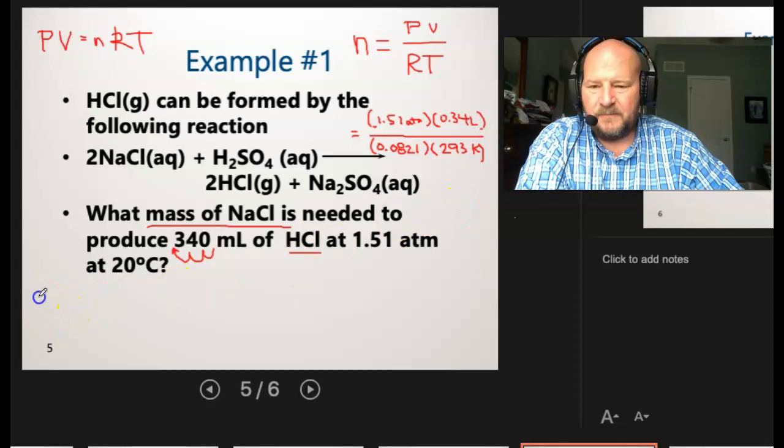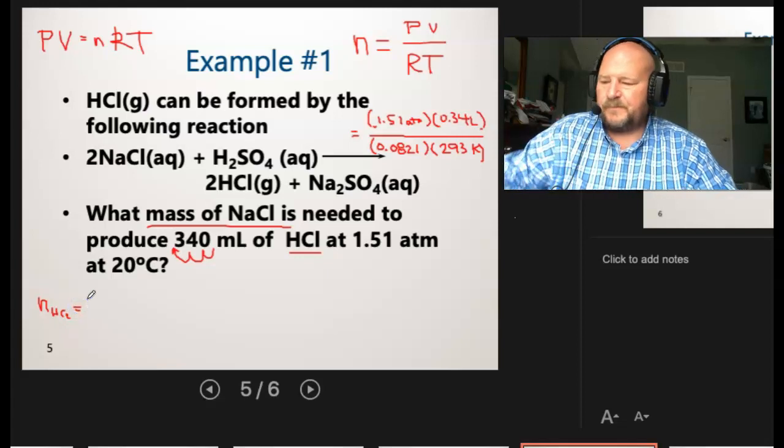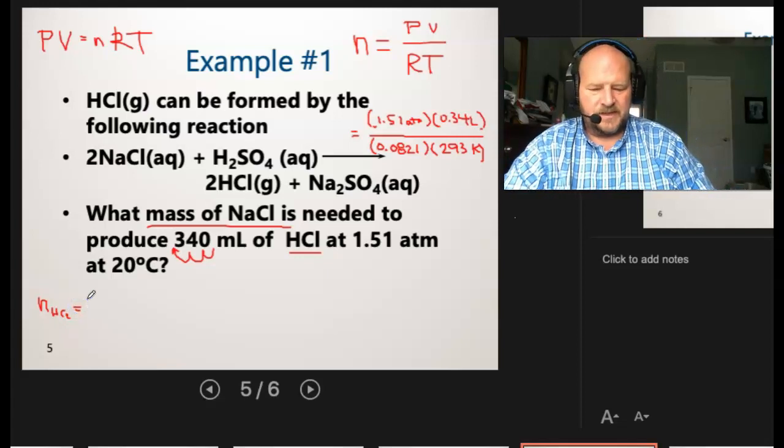All right, so now moles of HCl is going to be equal to, again, we'll get the calculator out.